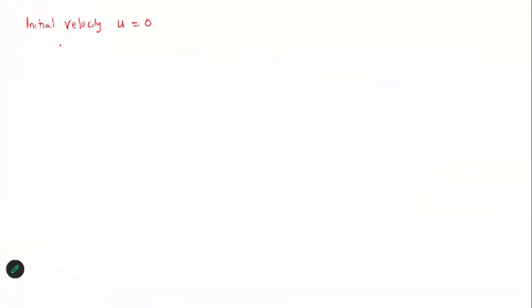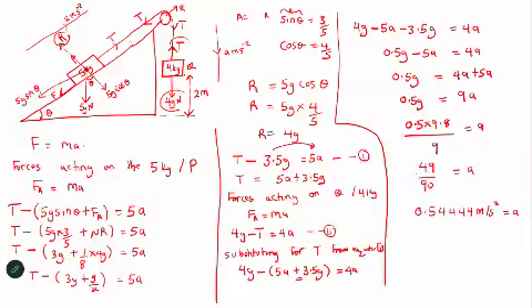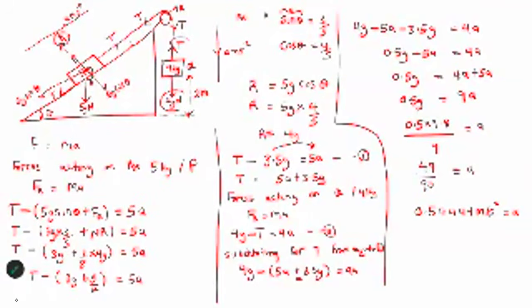Then what next? The distance this particle is going to move, we have already seen, is 2 meters, because they told us that it is at a distance of 2 meters from the ground. Then what else? We need the time. At what acceleration was it moving? It was accelerating at 0.5444 meters per second squared.